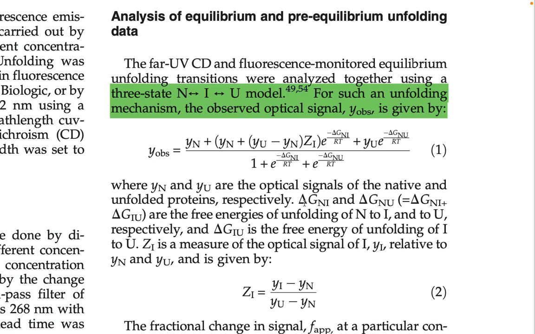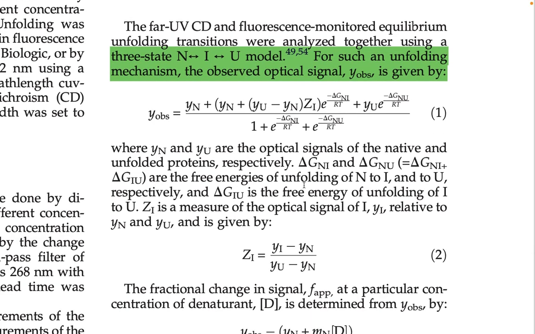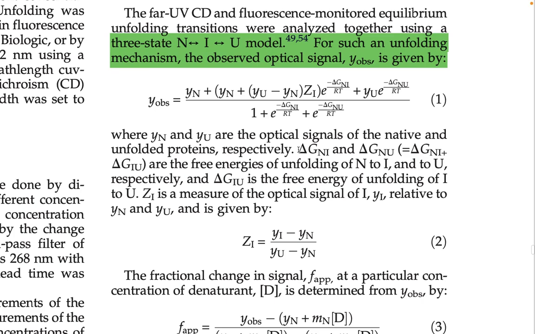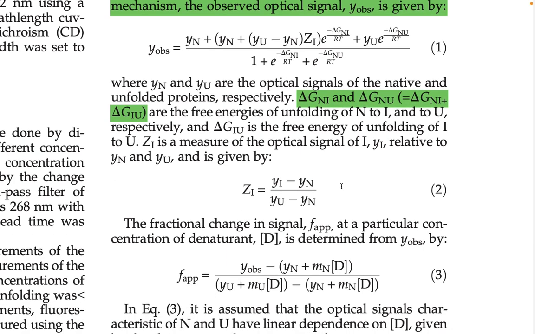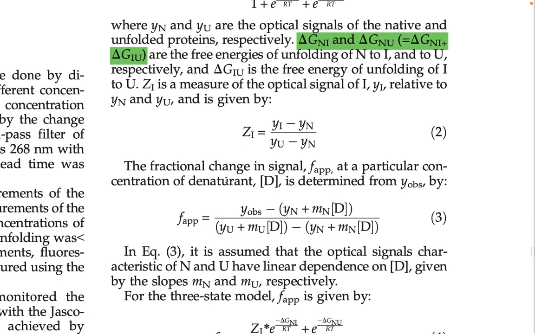Now delta G NI and delta G NU, equal to delta G NI plus delta G IU, are the free energies of unfolding of N to I and N to U respectively, and delta G IU is the free energy of unfolding of I to U. Zi is a measure of the optical signal of I, Yi, relative to Yn and Yu, and is given by Zi equal to (Yi minus Yn) by (Yu minus Yn).